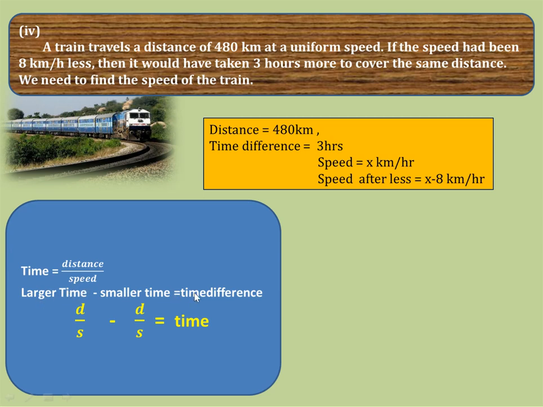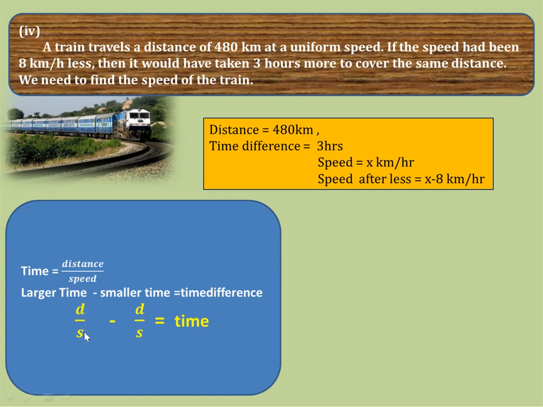Okay, what is given here? The time difference is given. It takes 3 hours more, means the difference between the times is 3 hours. It means minus, we have to minus. There should be 2 times, one larger time and the smaller time, but we have the formula for the time.